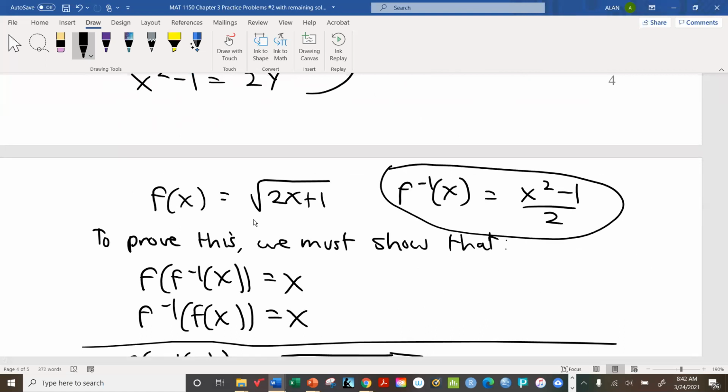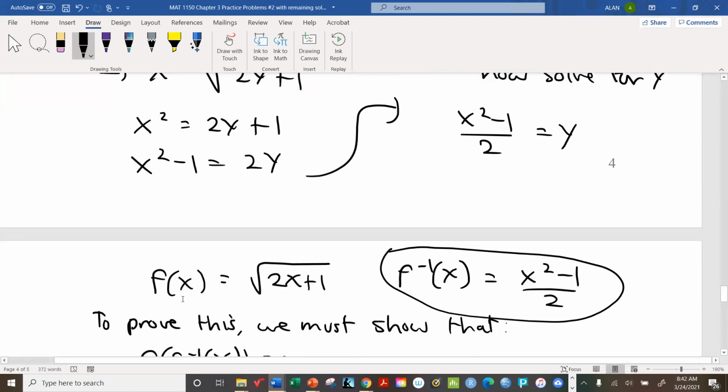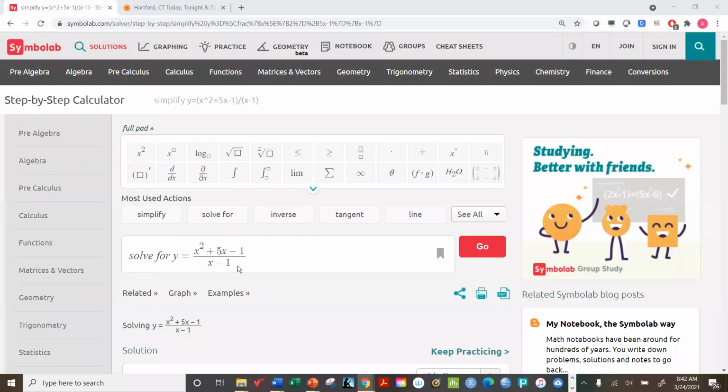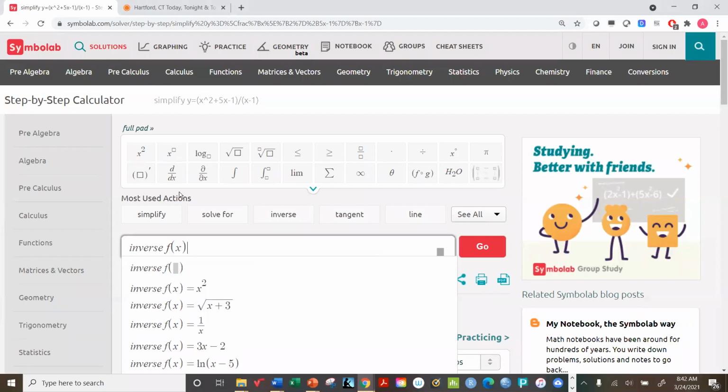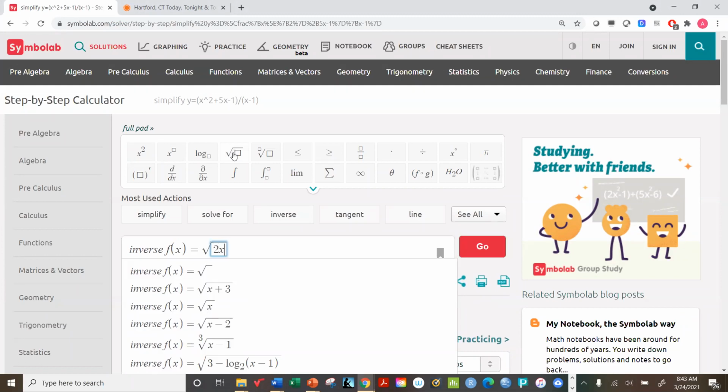I think Symbolab can do this, though. Why don't we just double check? Oh boy, you see it says here inverse. Let's see, I'm dying to know if it can actually do this. I think I have to include the f of x equals radical 2x plus 1.